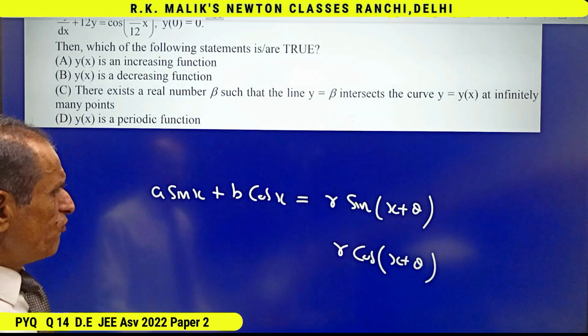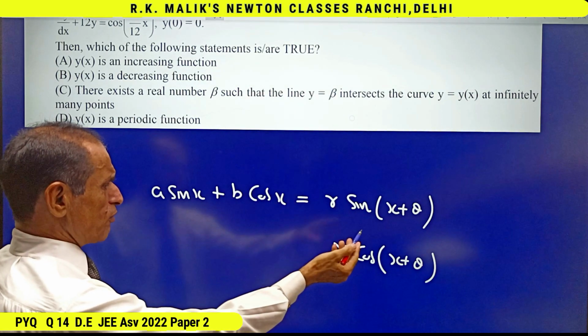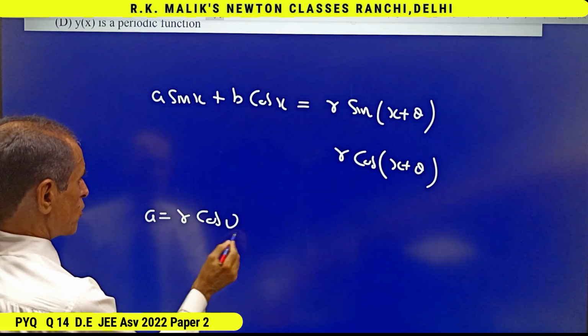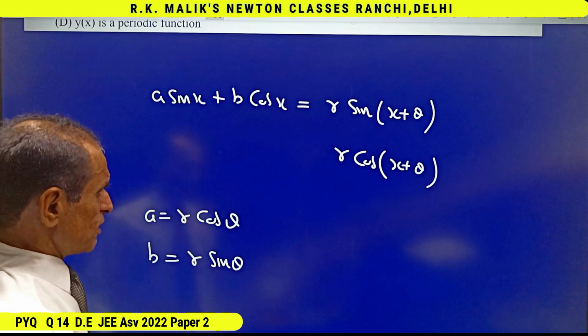Both are possible. For example, if I want to convert this into this form, take a equal to r cos theta, b equal to r sin theta.